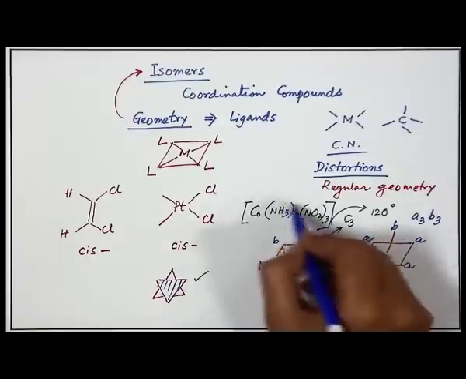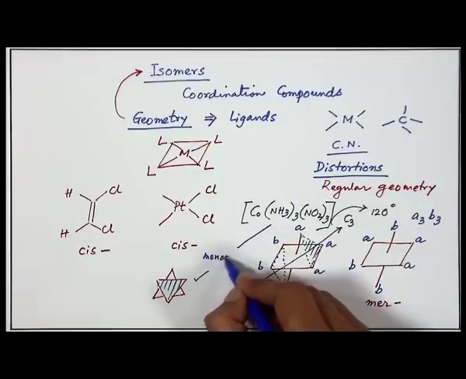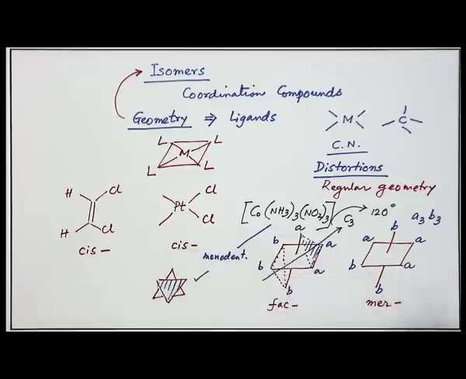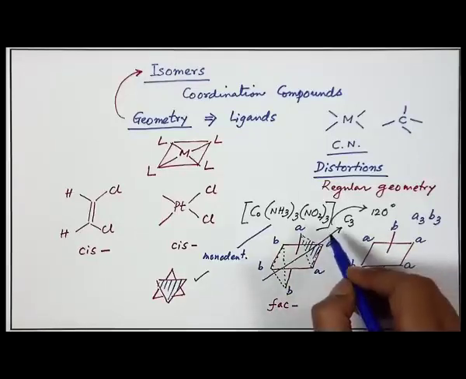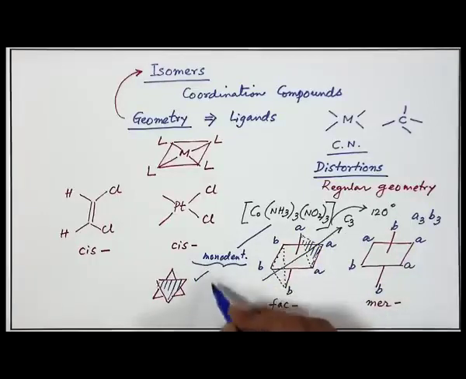Both of these are monodentate ligands, and for monodentate ligands it is very simple to have that type of arrangement. But what can we have if we go to the next higher order of ligand, the bidentate ligand?